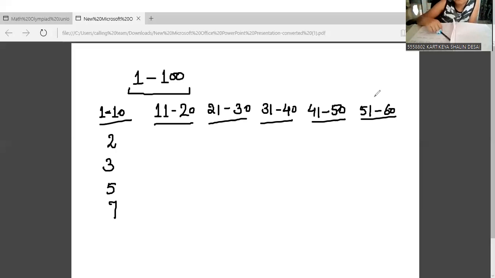Done, ma'am. Yeah, Kartike. So you have written all the prime numbers till 100? Or you have made a table? Table. Okay, from 11 to 20, can you write all the, just a second, Kartike.